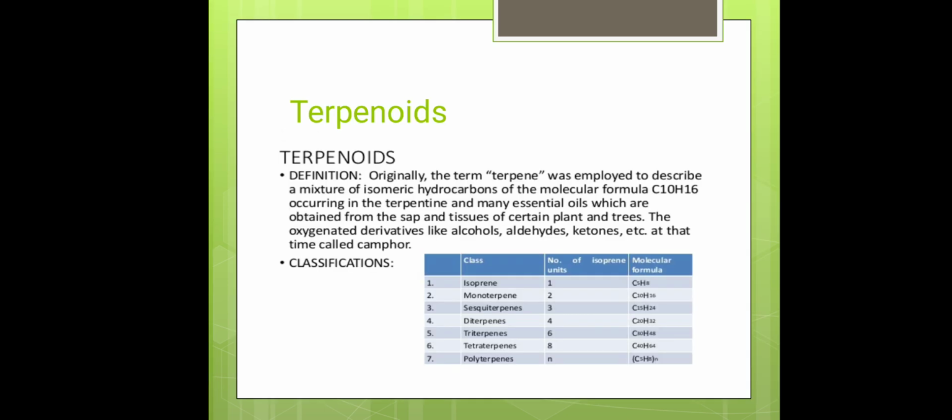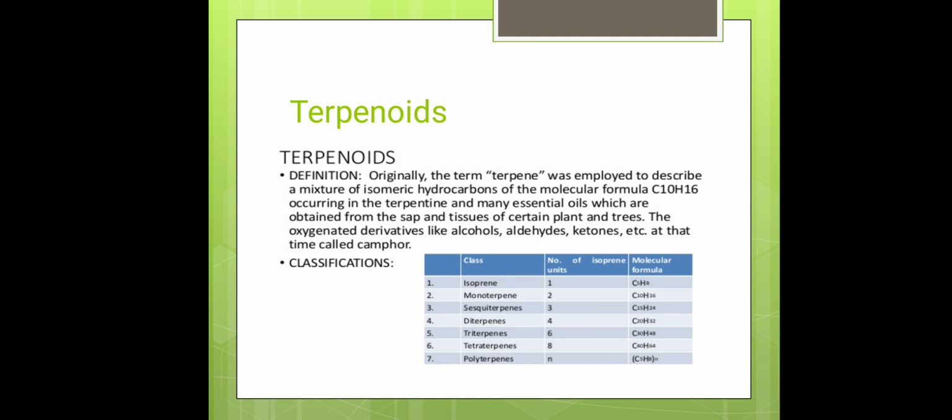Originally the term terpene was employed to describe a mixture of isomeric hydrocarbons of the molecular formula C10H16 occurring in turpentine and many essential oils, which are obtained from the sap and tissue of certain plants and trees.